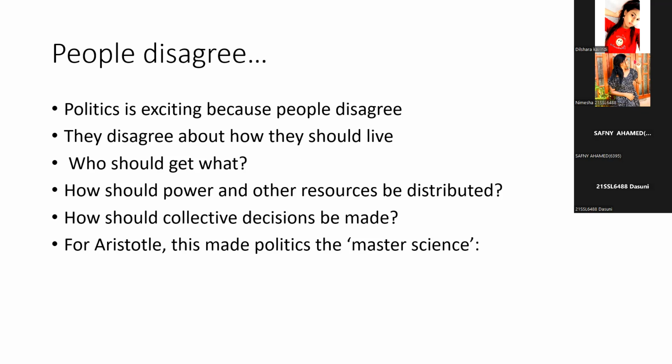Therefore, through this different opinion or diversity, people are trying to reach a common agreement, a common decision. That is it. Then it becomes politics. Is it clear? Shall I explain again?